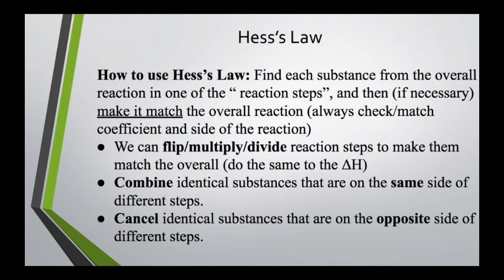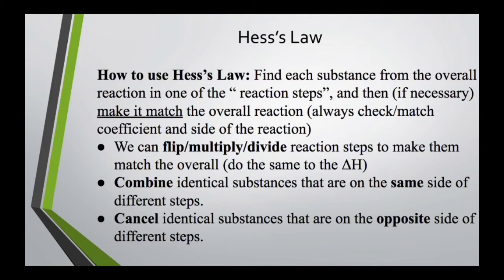Each reaction's delta H: if we flip it, we're going to flip the sign on our delta H. If we multiply it by a number, we're going to multiply our delta H by that number. We can also divide by a number, or basically multiply by a fraction. It's kind of an easy way to think of that. And if we do that, then we do the same thing to that delta H value. And in the end, after we make sure we have everything that we need, then we can add up all the delta H's that we've got.